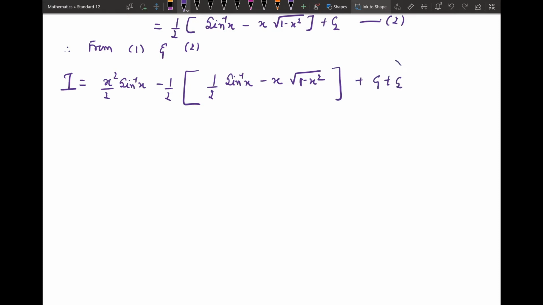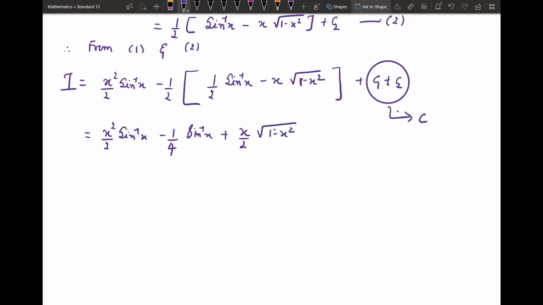Now you can simplify and replace c1 plus c2 by a new arbitrary constant c. So this will be x square by 2 sin inverse x minus 1 by 4 sin inverse x plus x by 4 under root 1 minus x square, and plus constant of integration.